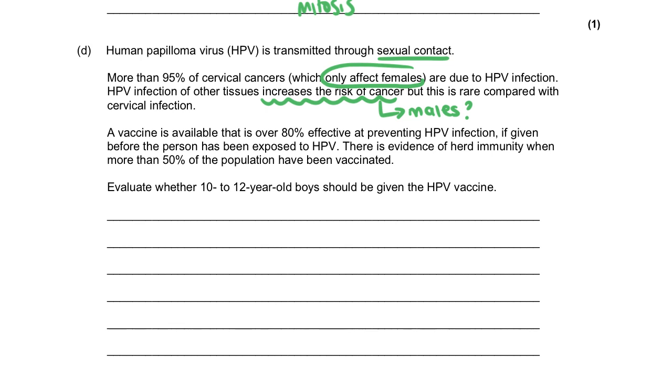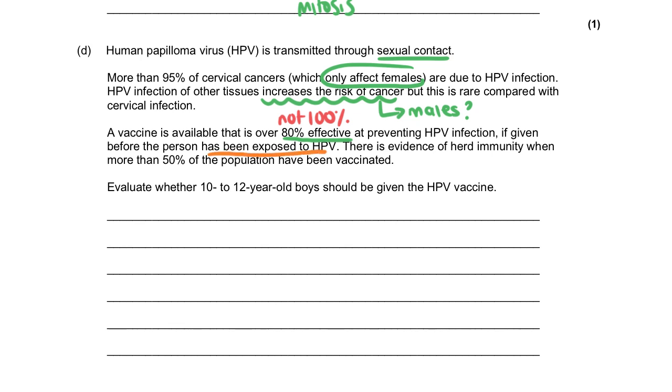A vaccine is available that is over 80% effective, but not 100%, at preventing HPV infection. If given before the person has been exposed to HPV.